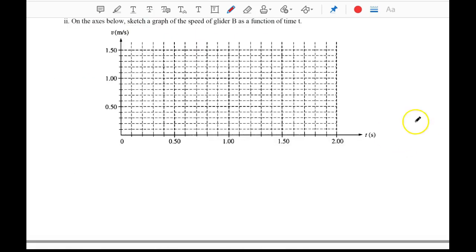All right, so at this point, they want us to sketch the velocity of B over a period of time. And so we know that it is 0 until this 0.7 seconds, at which we start to have a curve. We know that at 1.3 seconds, we should have a speed of 1.2.